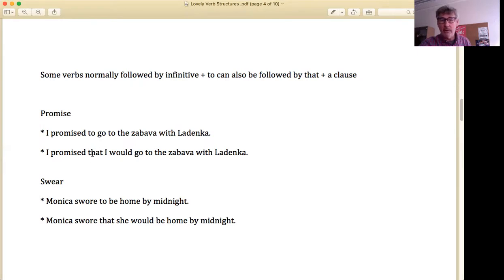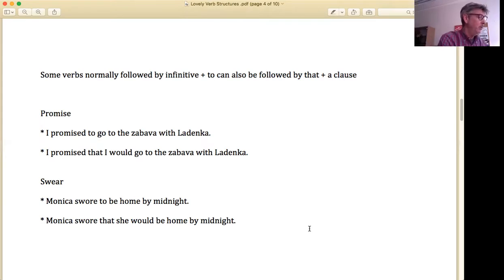This is a clause, that I would go to the Zabava with Ladenka. So that means promise. This is a normal thing, you know that promise works this way. Swear. Monica swore to be home by midnight. So here we have infinitive, "swore to be" is the infinitive. The meaning here is the same. It's just about being able to construct it.